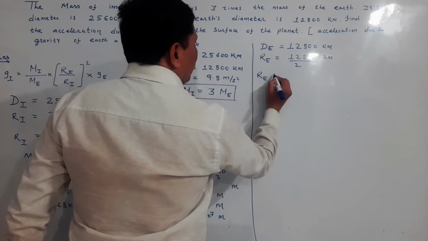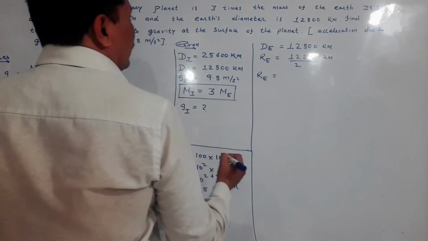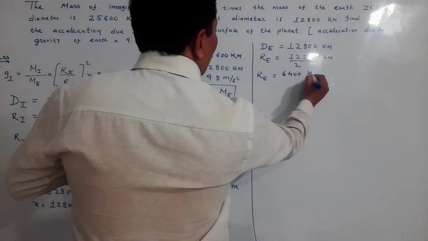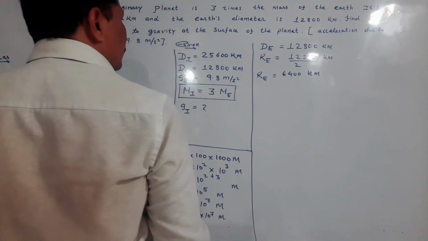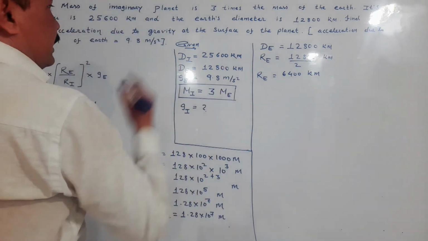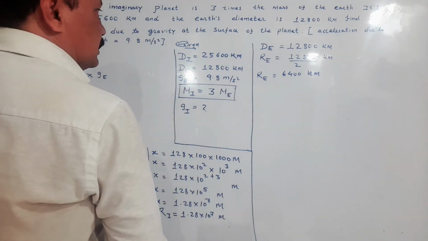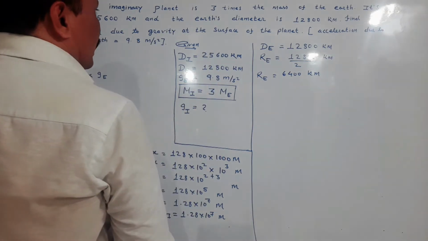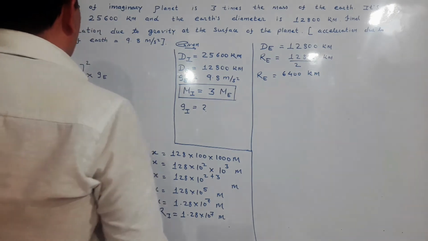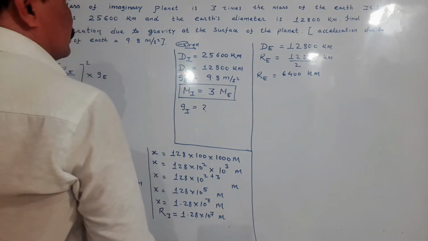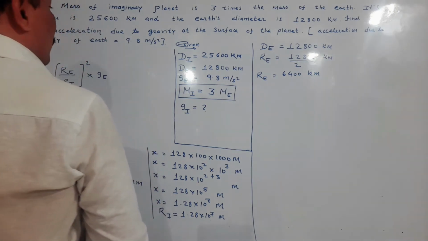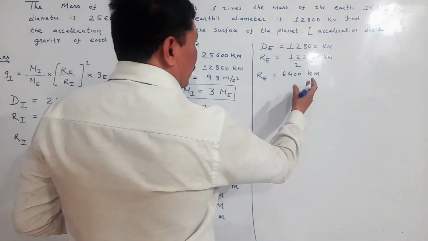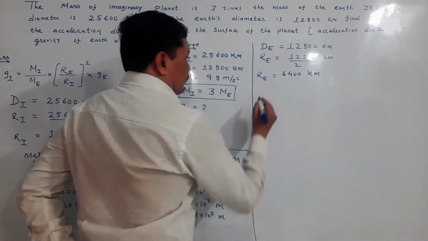So RE is equal to 6400 kilometer. As the diameter of the Earth is given in kilometer, the radius of the Earth also comes in kilometer. Let's convert the kilometer into meter.